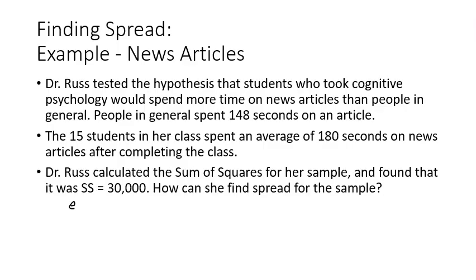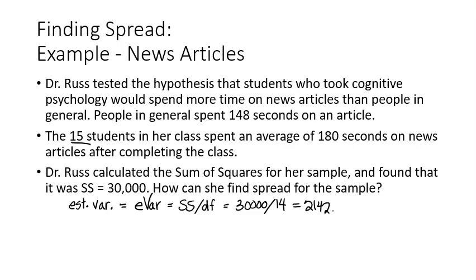So I'm just going to write this out, estimated variance, and I abbreviate this with a lowercase e var, is sum of squares not divided by n, but divided by degrees of freedom, equals 30,000 divided by our degrees of freedom, 15 minus 1 is 14. And if we run that calculation, we get 2,142.86.